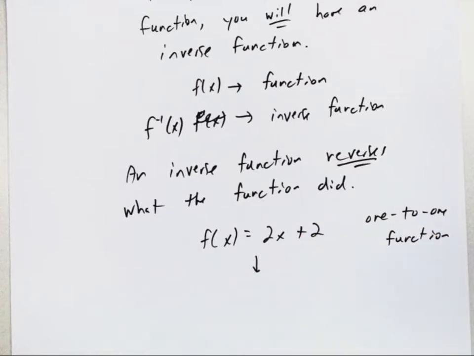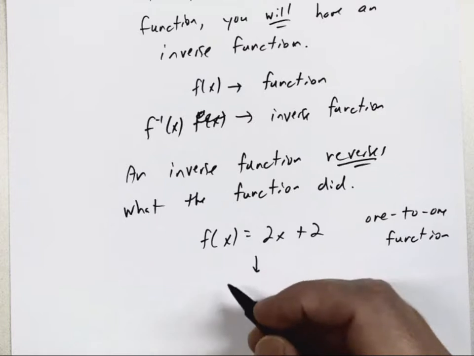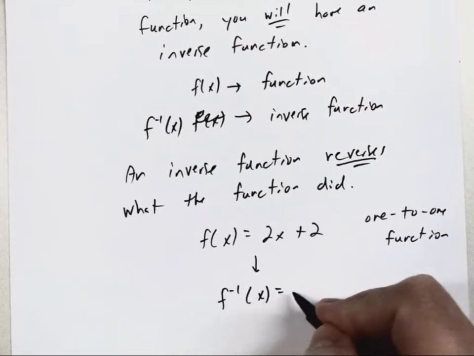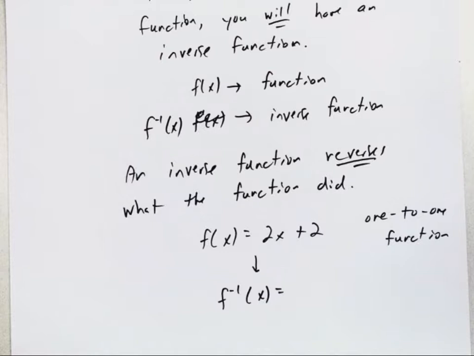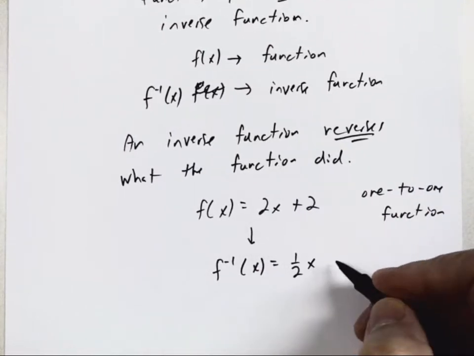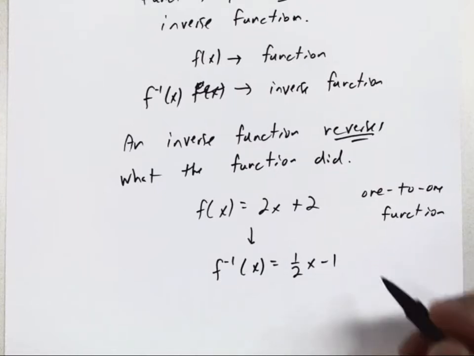In the next video, we're going to tell you, if you're given a one-to-one function as an equation, the method to determine the inverse function. But for now, let me just give you the inverse function. Turns out it's 1/2 x minus 1.